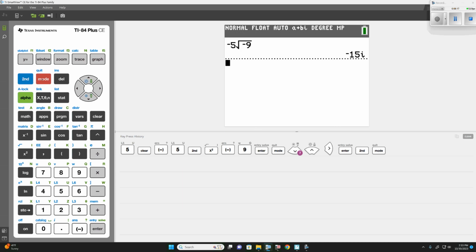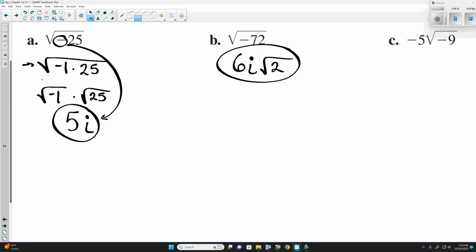Yeah, y'all can grab a graphing calculator. I would have one of each.